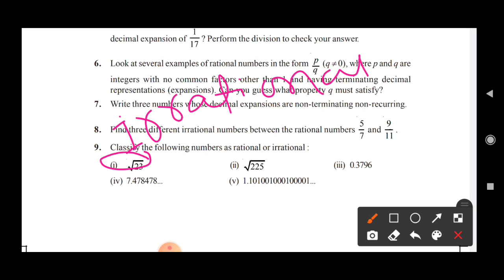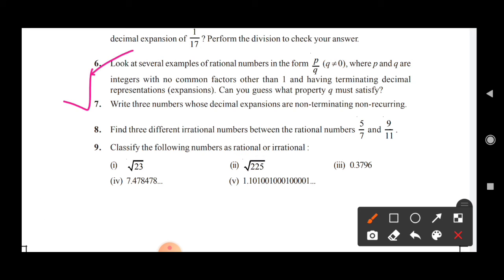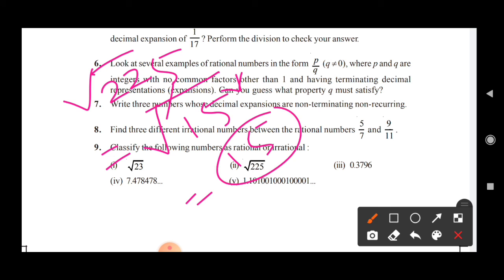And this second one, you can see this one. Though there is a root over 225, you can write this as 15 squared, and the root cancels, so it is equal to 15, which is rational.